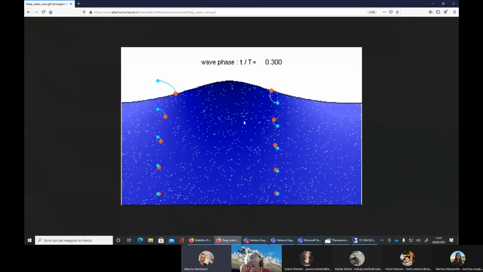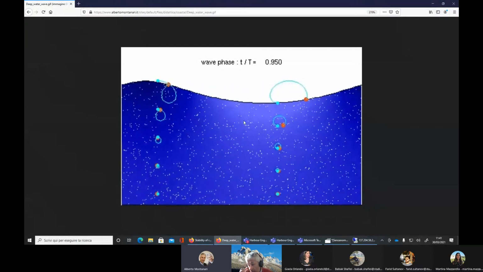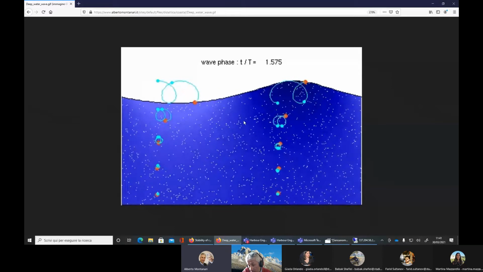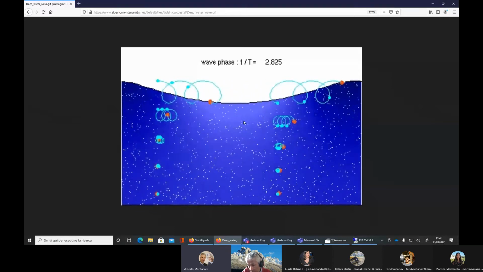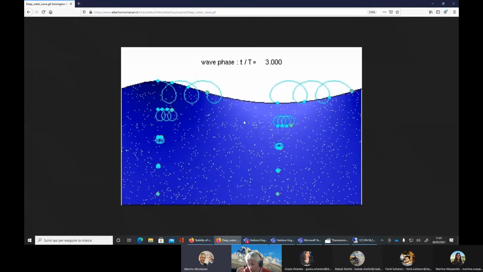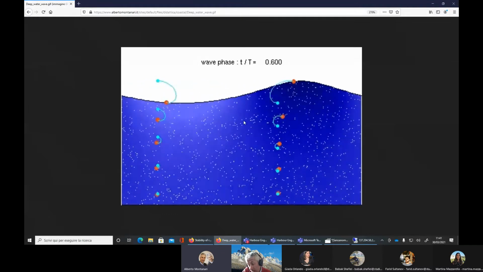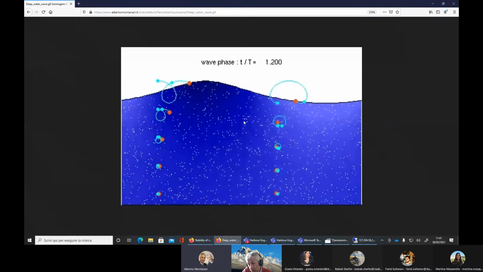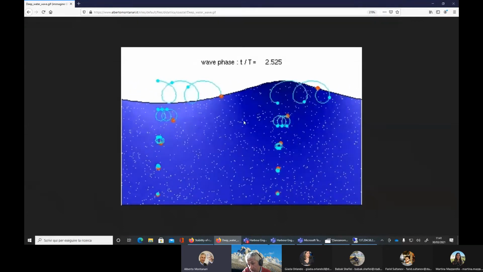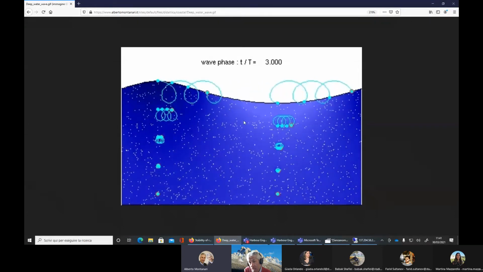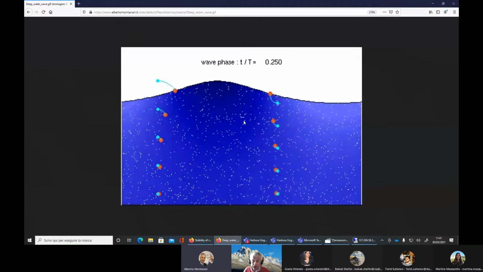The orbital velocity decreases with the increasing sea depth. So if you have very deep sea, there is no relative velocity of particles with respect to the sea bottom. But if the sea is not deep, then there is this orbital velocity which is frictioning against the sea bottom.